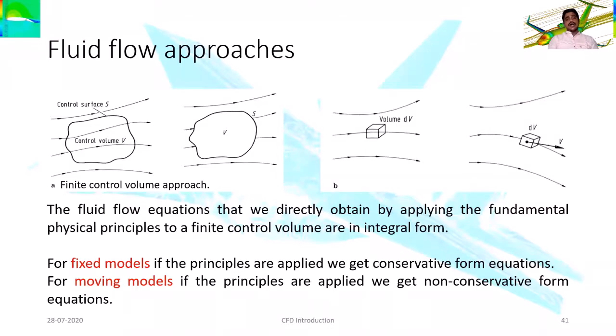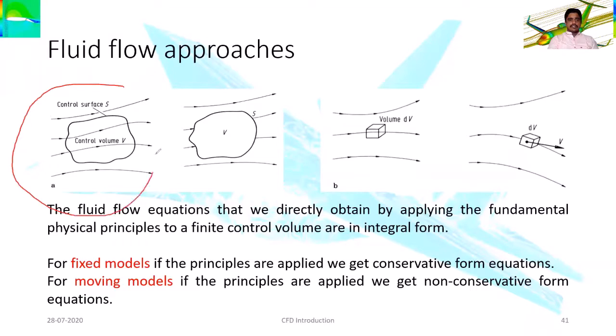Now, how do I approach fluid flow problems? As far as fluid flow approaches are considered, here on the screen you can see four images in total. One image combined with two is labeled A, and another is labeled B. In the image labeled A, I have a control surface and a control volume.